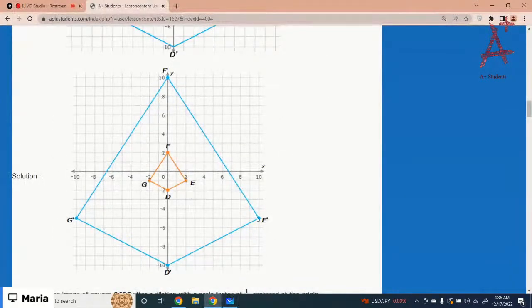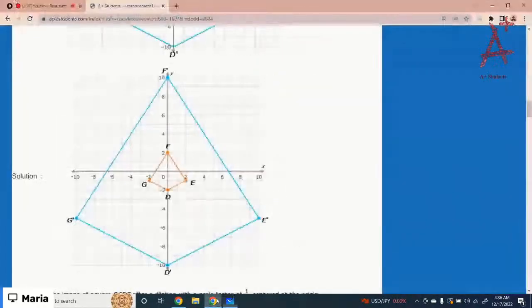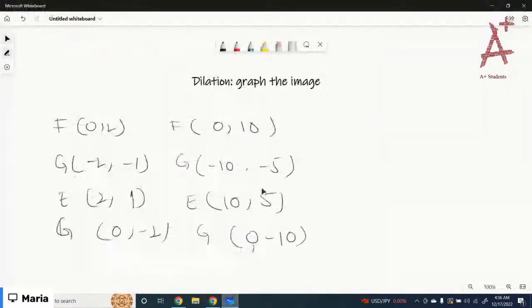Then E is X is 10, Y is -5. It is 10, -5. Here we have it. And D is 0 and -10. Here we have D. Got it? This is D, not G. So the scale factor means you have to multiply all the coordinates by 5. Got it? And you will get the dilated image.